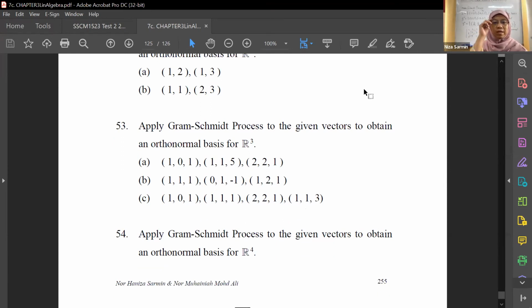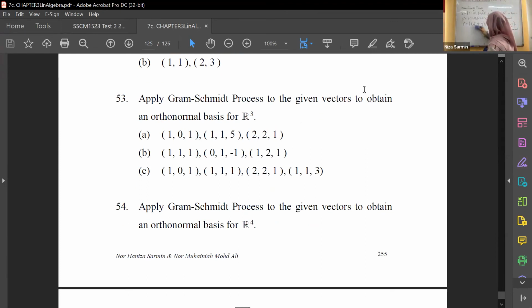But for 53C, when you see this, you write as column vectors: 1, 0, 1, 1, 1, 1, 2, 2, 1, and 1, 1, 3. You want to obtain an orthonormal basis. So this is more than 3. You need to get rid of 1.